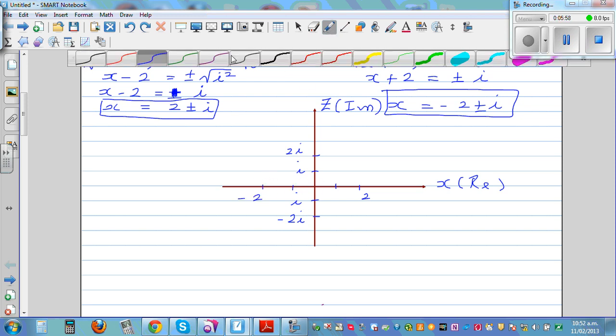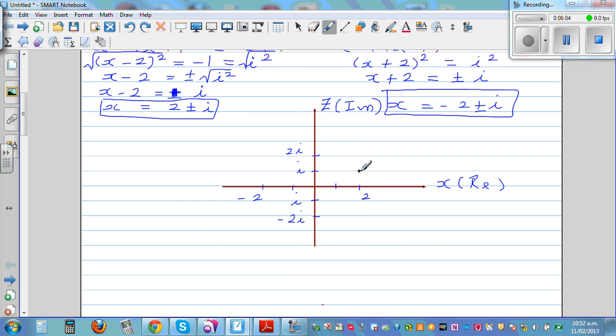So you got 4 points. 2 plus i comes here, 2 minus i is here. This point is minus 2 plus i, and this point is negative 2 minus i.